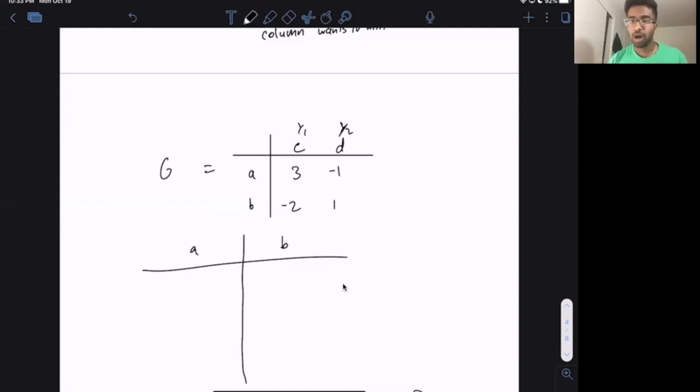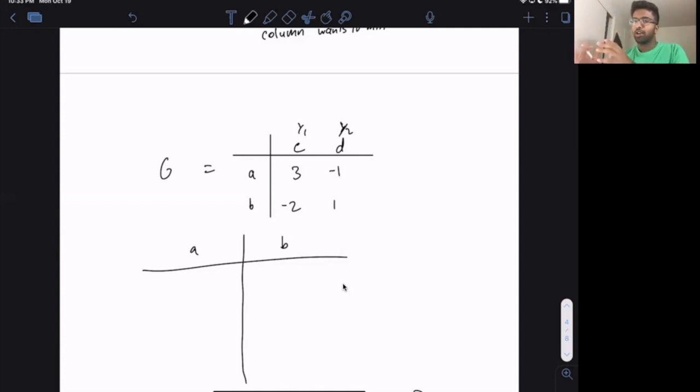Among these two options, Row is going to choose whichever benefits her the most, the greater of the two. So if 3y1 minus y2 ends up being the larger value, then Row is just going to play option A every single time to maximize the expected payoff. That's what Row is going to try to do.